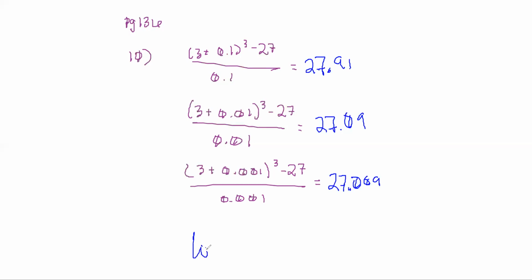So the limit as h approaches 0 is said to be 27. Because as h gets smaller and smaller and smaller, the limit gets closer and closer and closer to 27. Which does make sense.